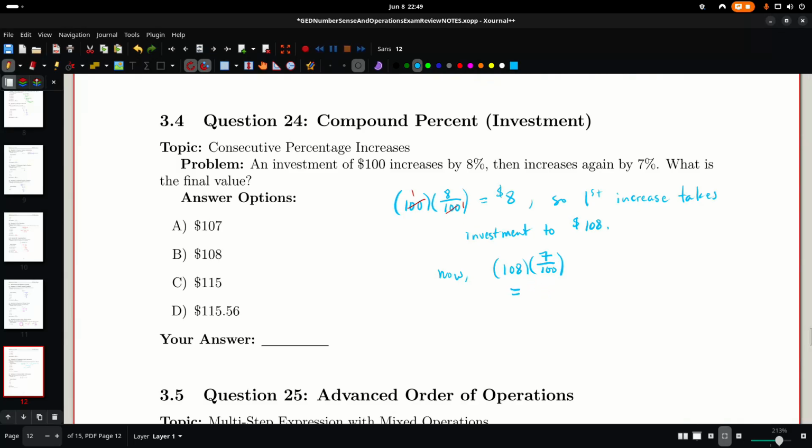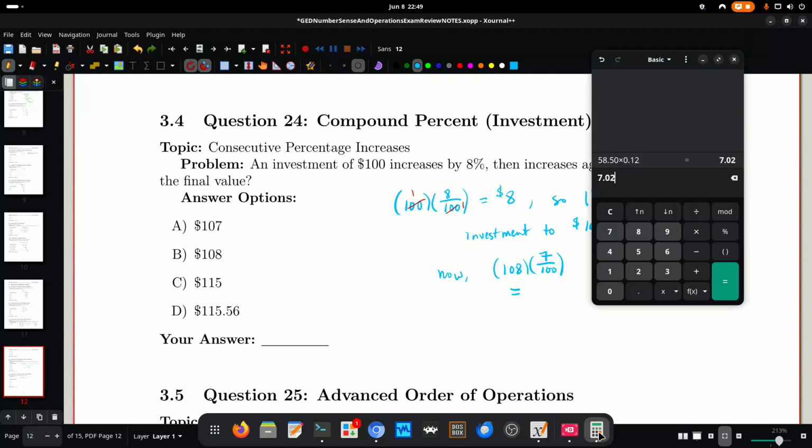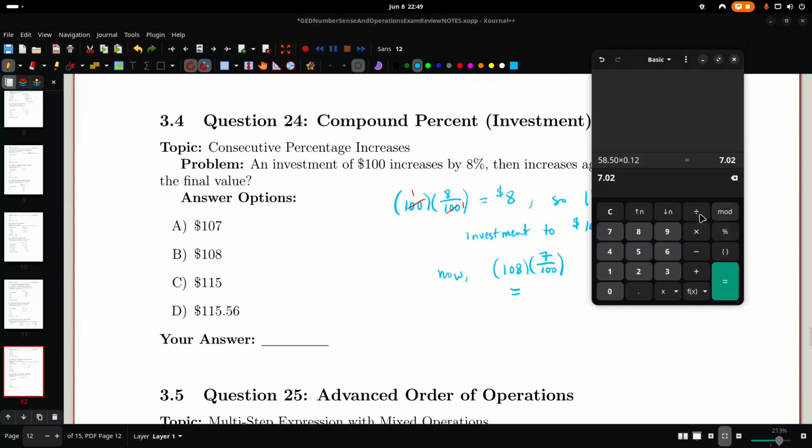This one you can use your calculator for. So I'm just going to switch over to my calculator. 7 over 100 is the decimal 0.07. So 108 times 0.07, and we get $7.56.